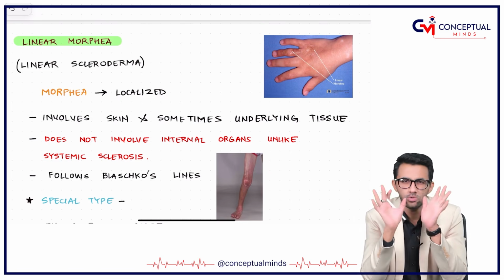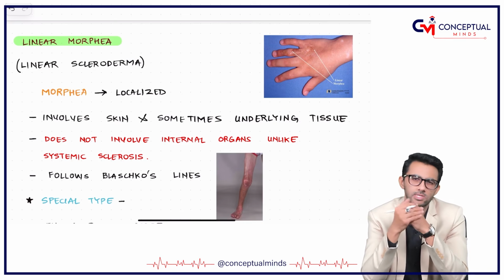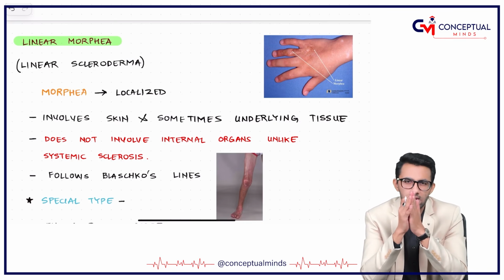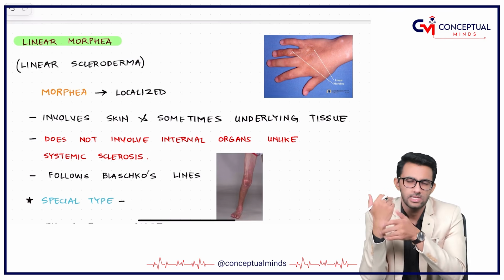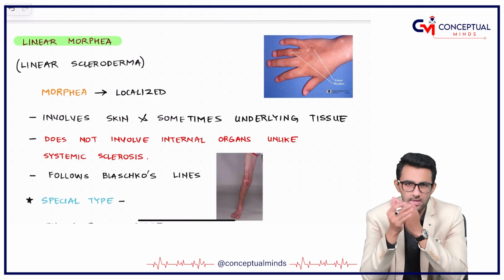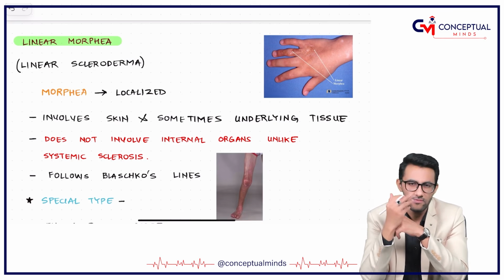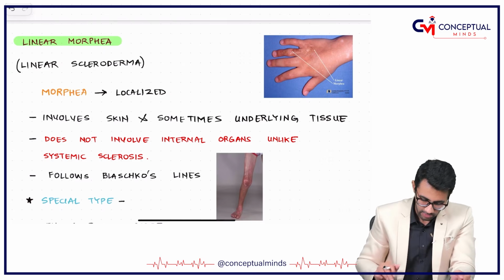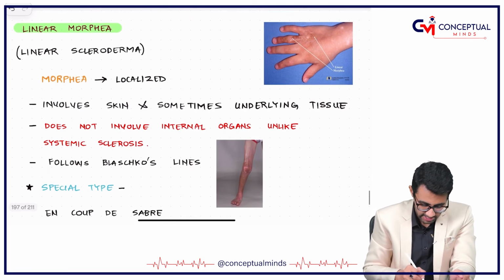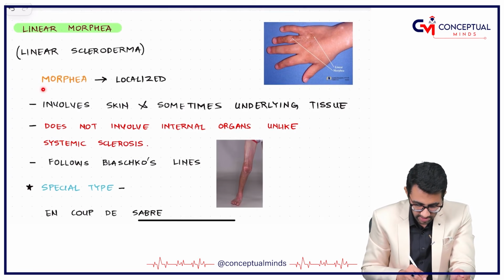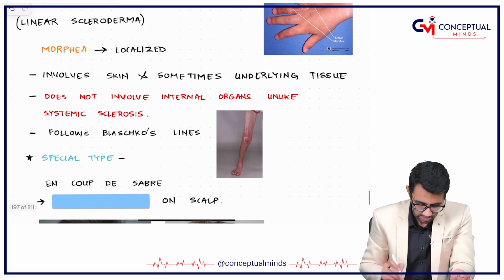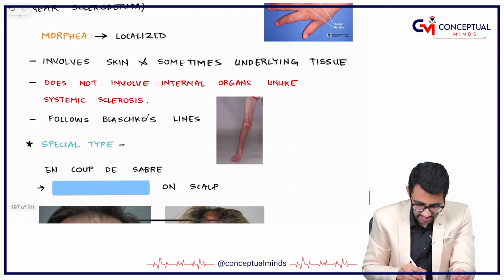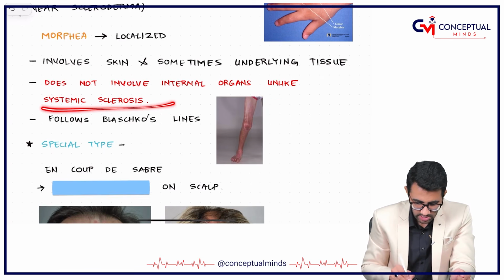There is no organ involvement, only the dermis is involved, that is all. It could happen anywhere, in the hands, legs, anywhere. But if it happens on the scalp or the face area, we have a specific name for it. We'll see about that. So we have the introduction, and we see linear morphea. Morphea means it is localized, at one spot. It involves skin and sometimes the underlying tissue, but it does not involve internal organs, unlike systemic sclerosis.